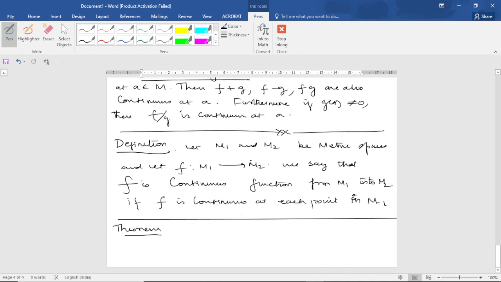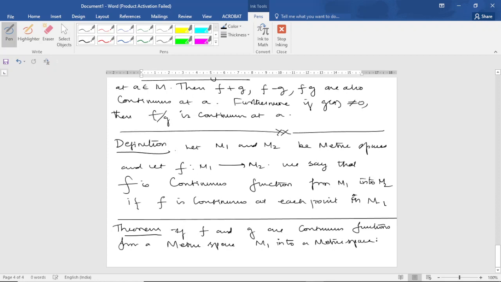So now the theorem is: if f and g are continuous functions from a metric space M1 into the metric space M2, then f plus g, f minus g, and fg.